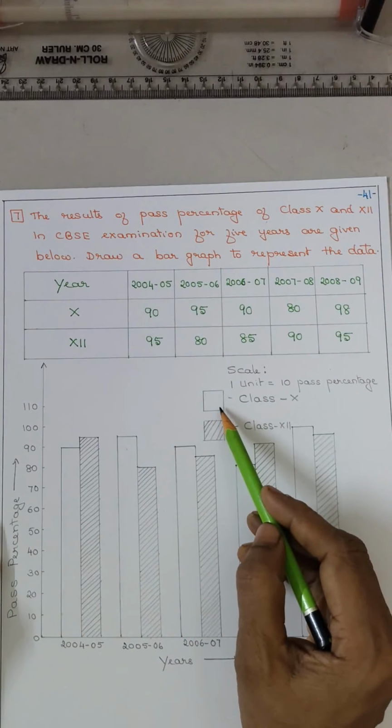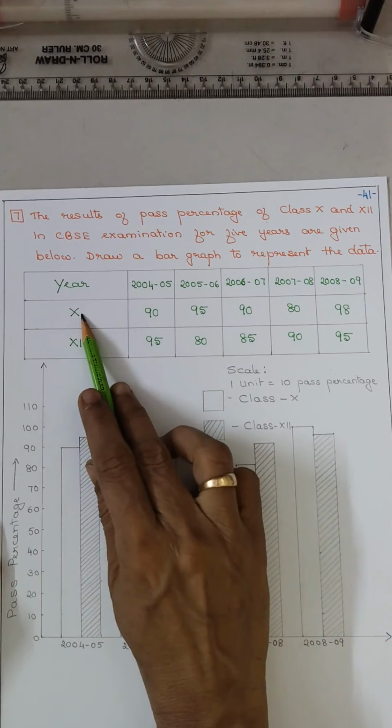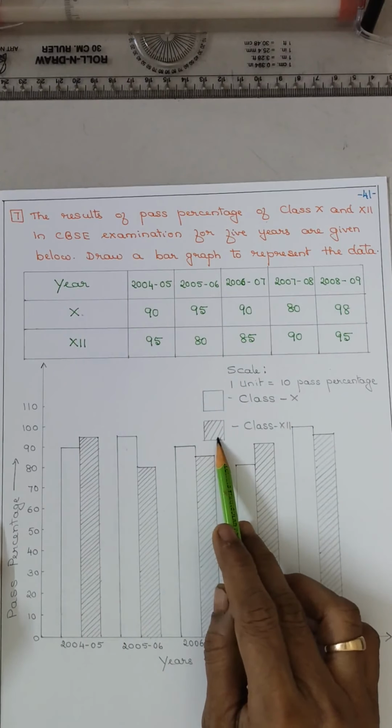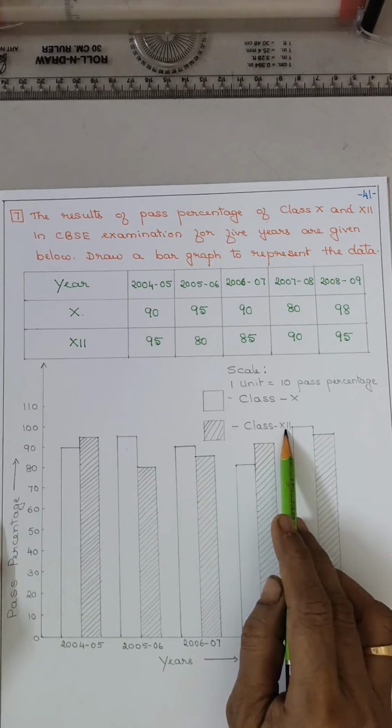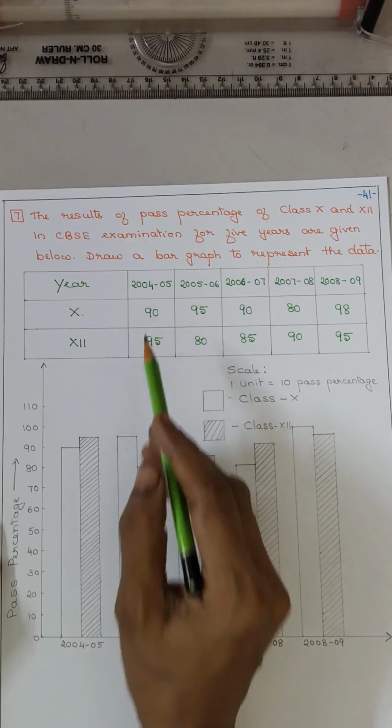And the empty box is for class 10 and the shaded one for class 12. Now first is 2004, 2005. So leave 1 centimeter gap and 90.